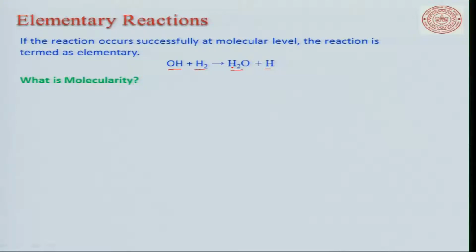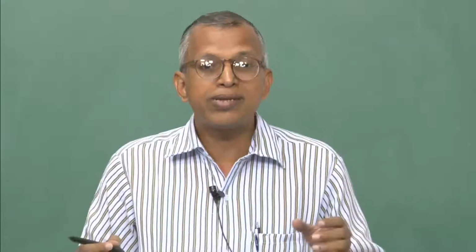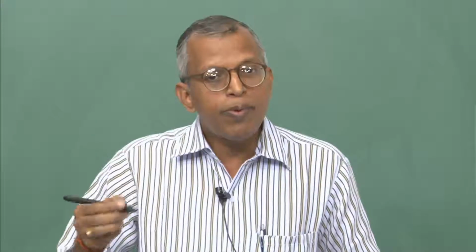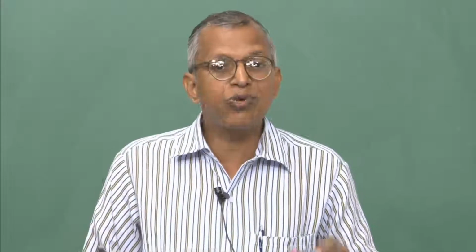And these elementary reactions will be dependent on what? It will be dependent on molecularity. But what is molecularity then? The number of molecules participating in a reaction will determine the molecularity of a reaction, right.